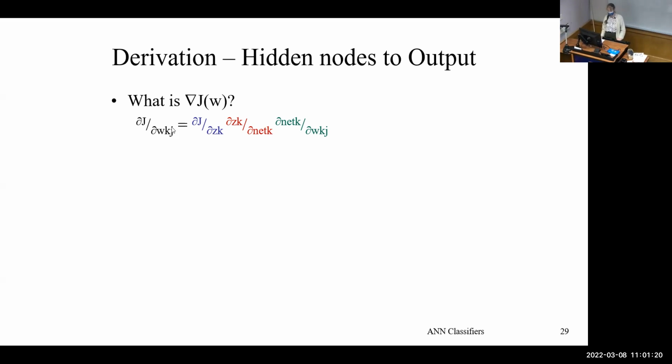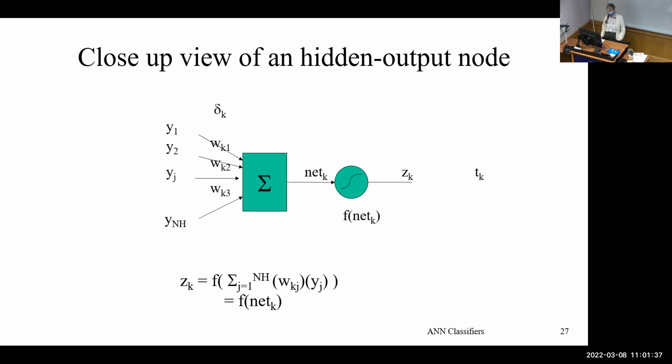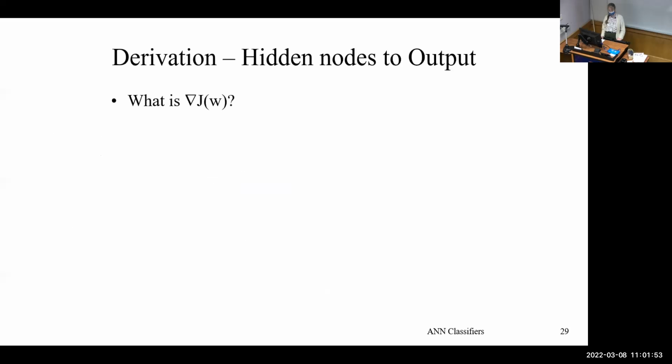We're going to take our cost function and break it down into the derivative of our cost relative to our output, our output relative to our net, and our net relative to our weights. Simple chain rule.